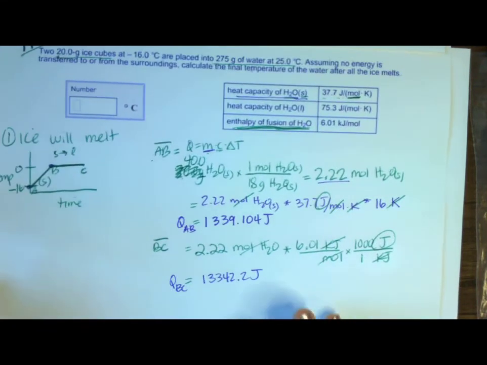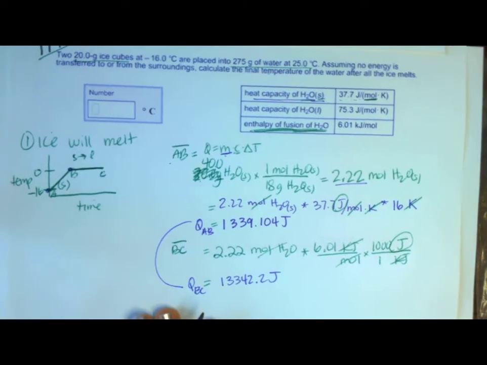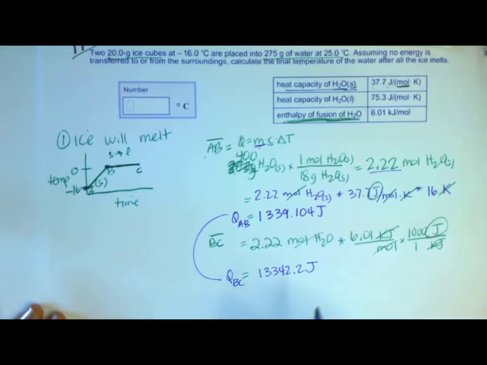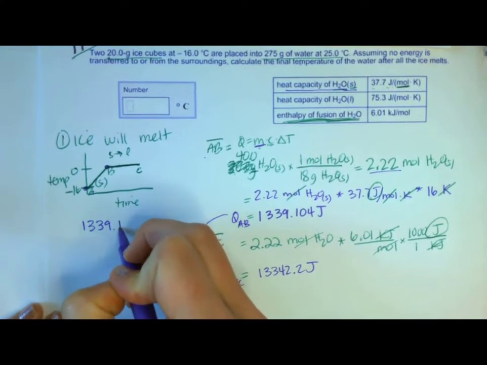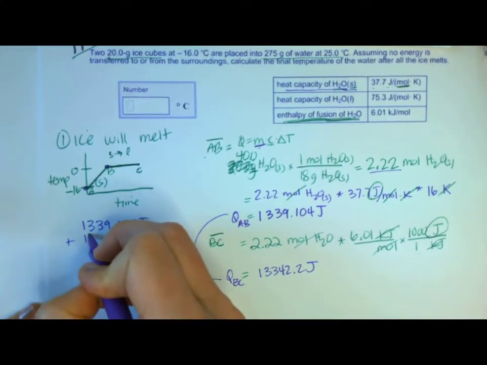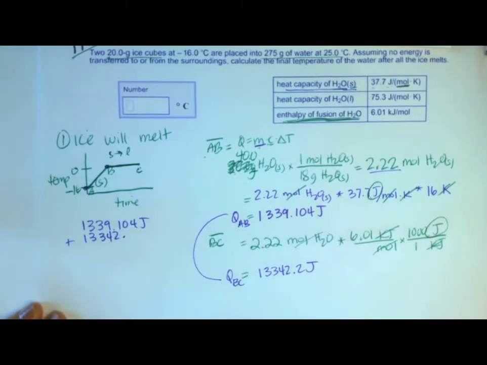So let's add up these two to figure out how much energy is required to melt my ice. So I'm going to do 1339.104 joules plus 133,422.